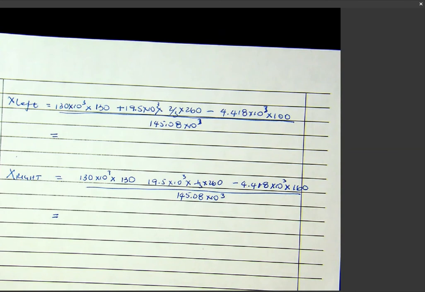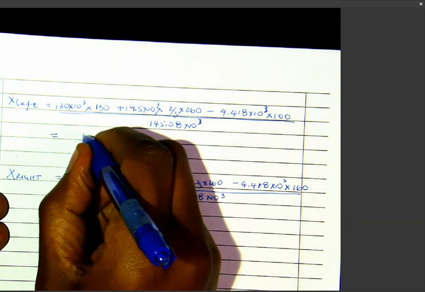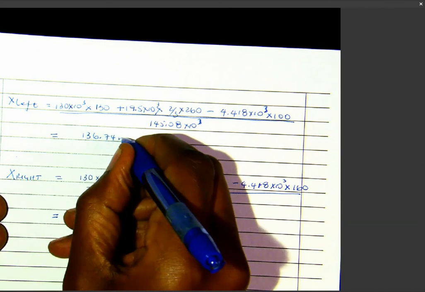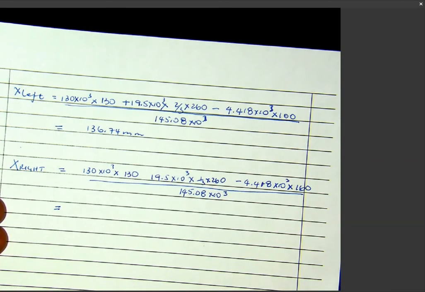So, 1 times 130 plus 19.5 times, minus 4.418 times, divide by the total area. Here I'm getting 136.74 millimeters. Then I go to the next one.